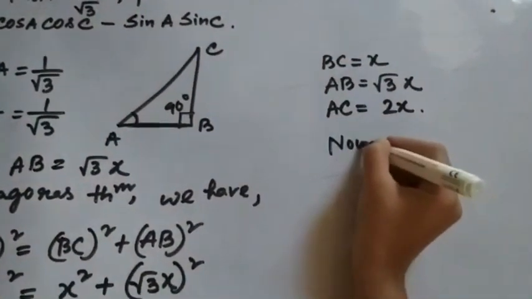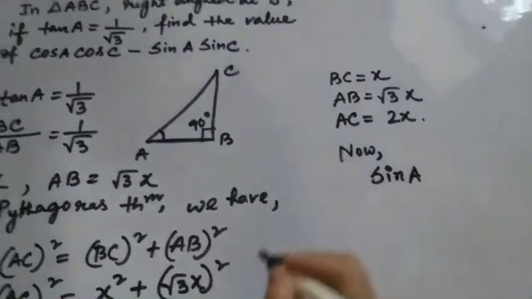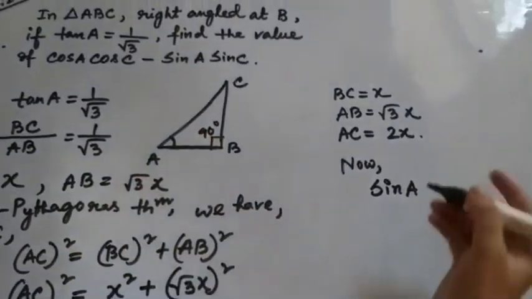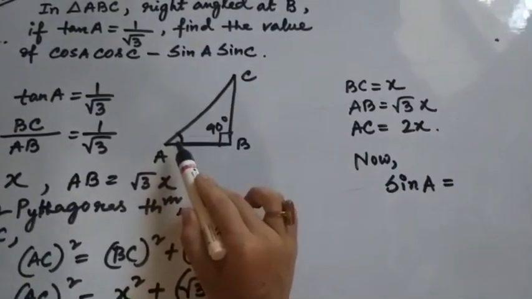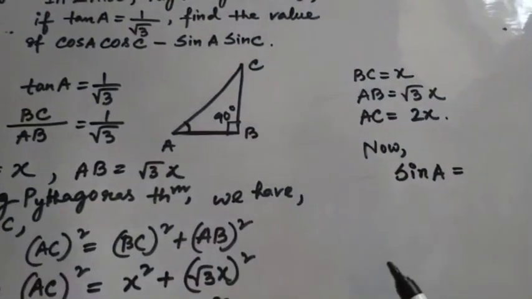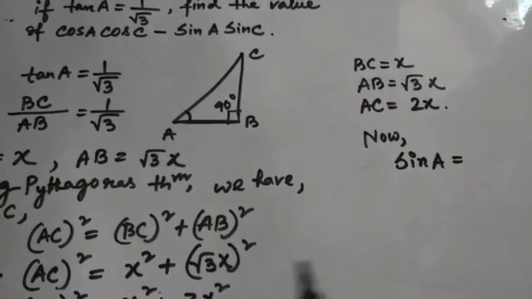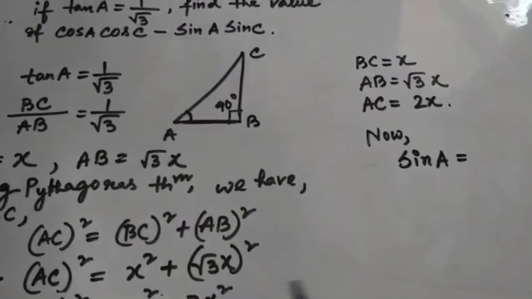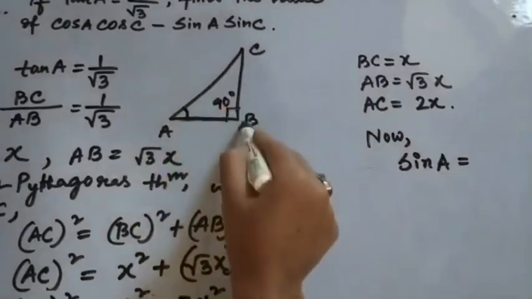Now sin A will be, because sin A is mentioned in the question, so we need to find out the value of sin A. Now according to angle A, the hypotenuse will be the same all the time. If you change the angle, the hypotenuse will be the same; only the adjacent side and the opposite side of the respective angle will change. So for sin A, this side is the base and this side is the perpendicular.